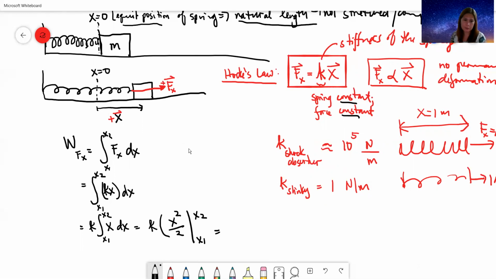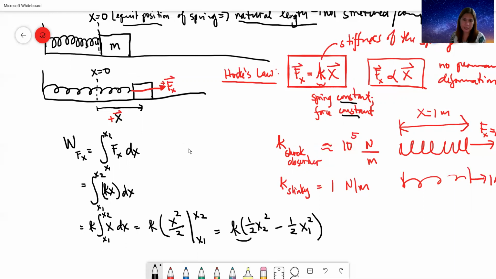So further simplifying, we have k times 1/2 x sub 2 squared minus the lower limit, 1/2 x sub 1 squared.